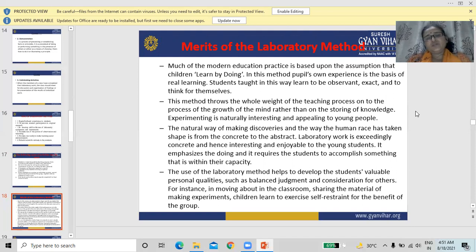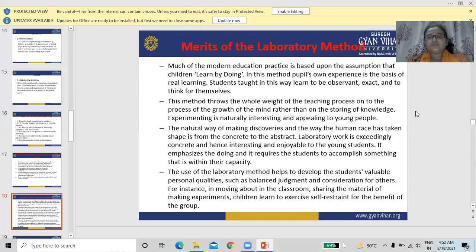The natural way of making discoveries, and the way the human race has taken shape, is from the concrete to the abstract.